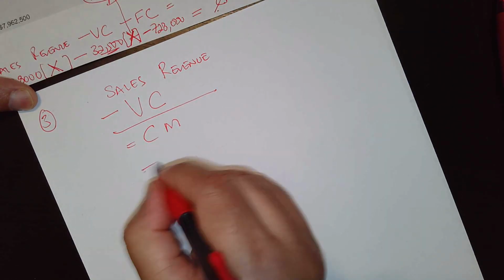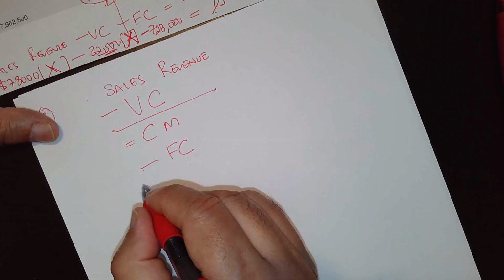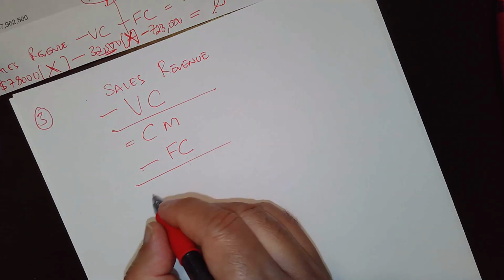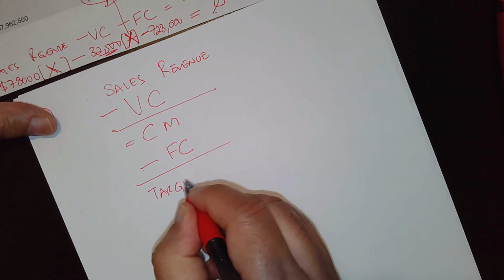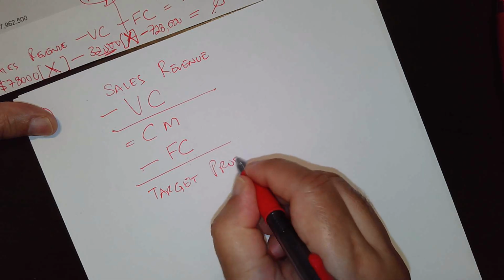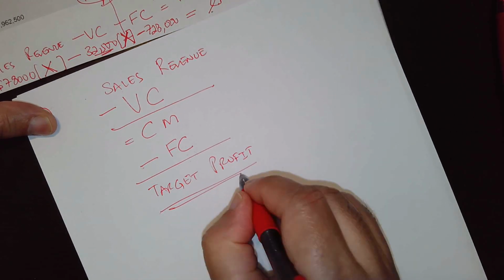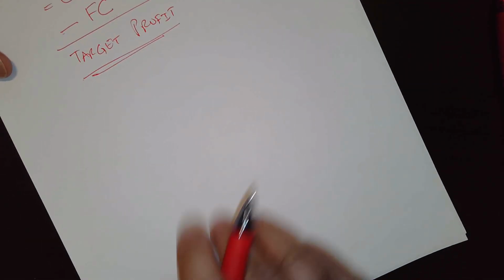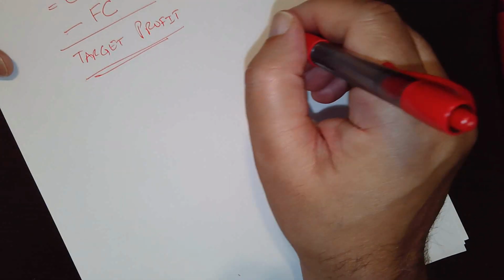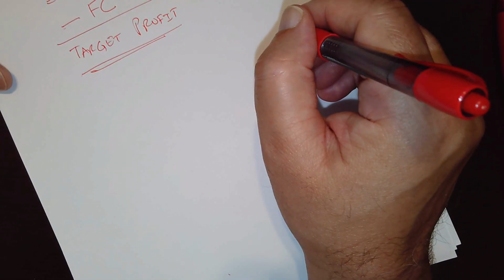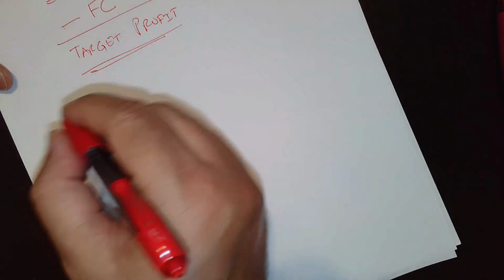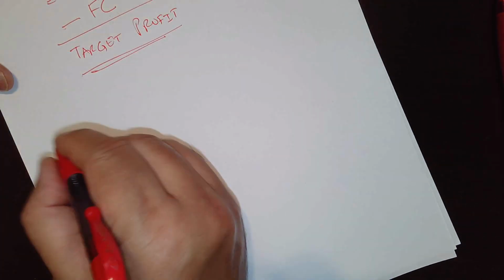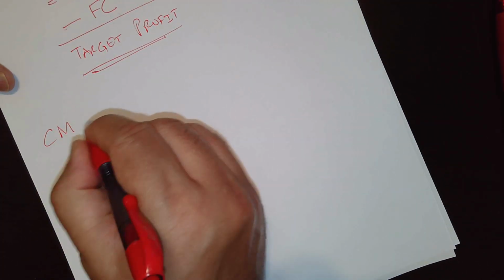And contribution margin minus fixed cost gives us the target profit. So that's the formula, we are already familiar with it. But they are not talking about contribution margin, they're talking about contribution margin ratio.